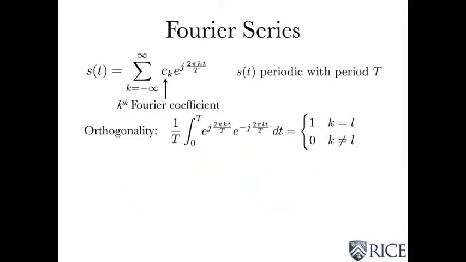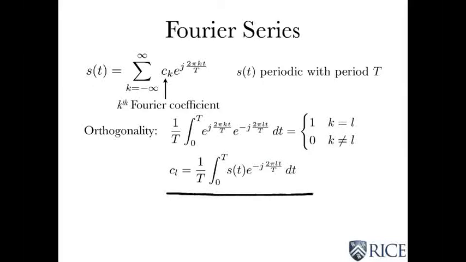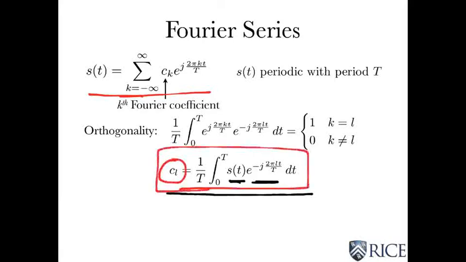And that leaves us with the following result, that the c sub L term is equal to the original signal times a complex exponential having a frequency of minus L over T, integrate and divide by capital T. So the idea is, in order for this to be true, the c sub k's, the c sub L's, have to be given by this, or else it cannot be true.